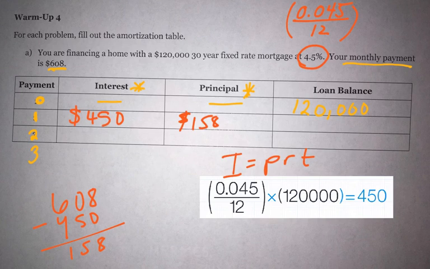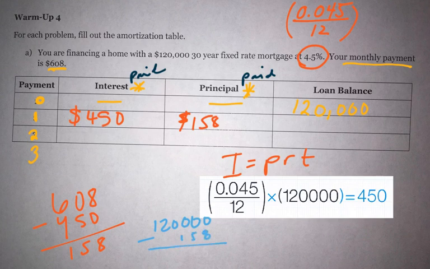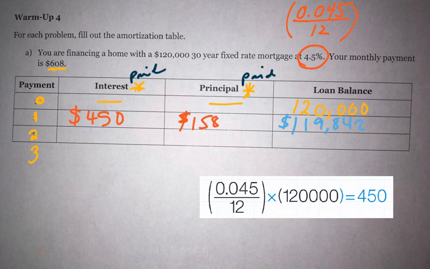This is interest paid, and then this is principal paid. And then we've got to figure out what our loan balance is now. Subtract that $158 from the loan balance. So $120,000 minus $158 gives us $119,842 as our loan balance.